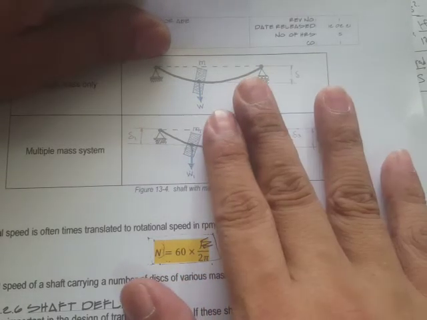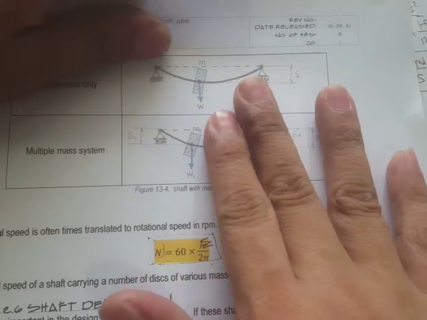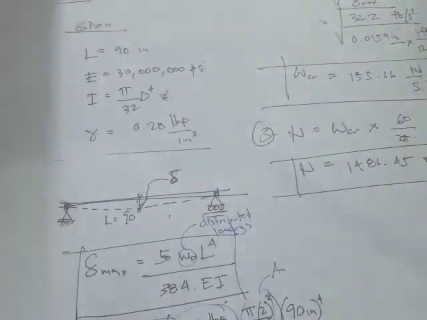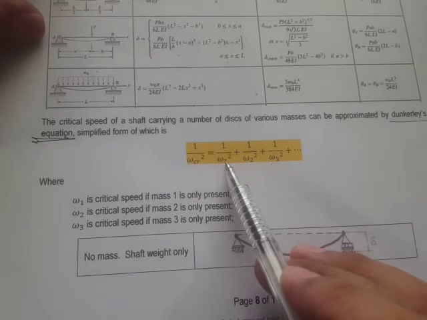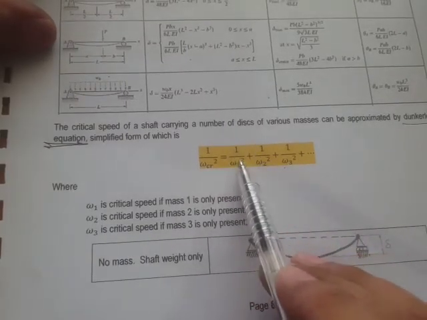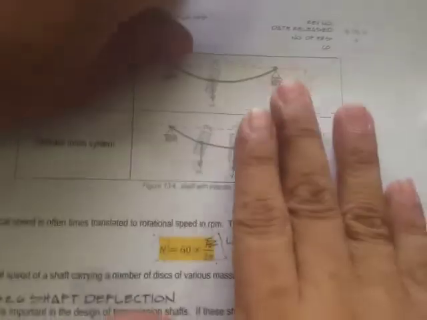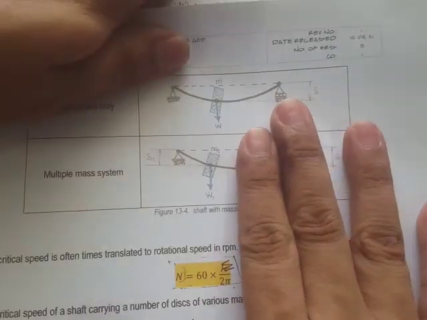First, just imagine that mass 2 and mass 3 are not present.